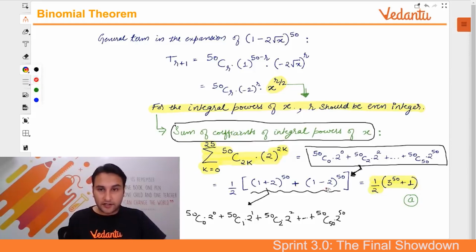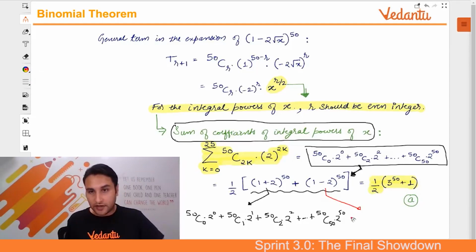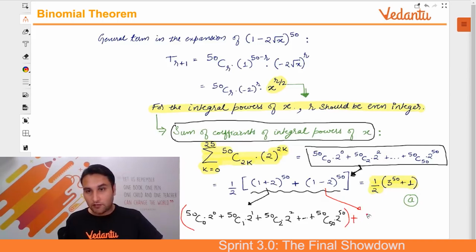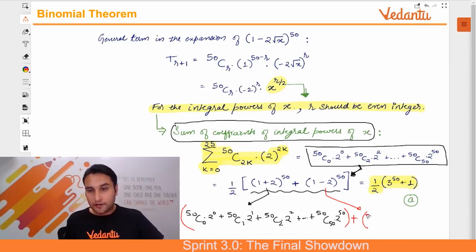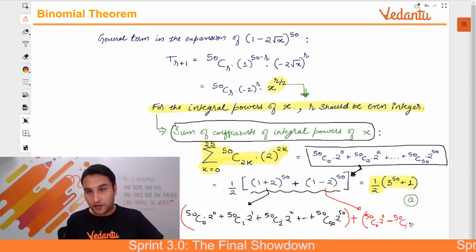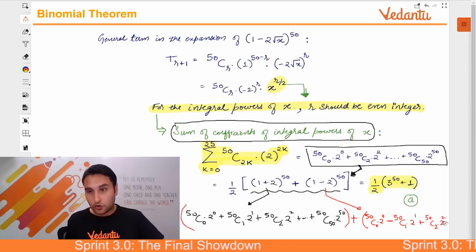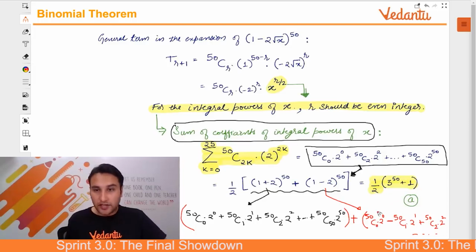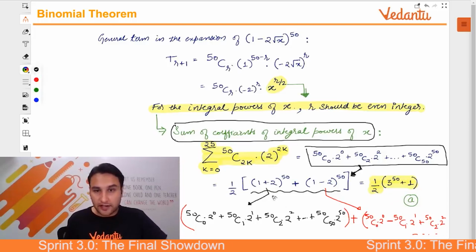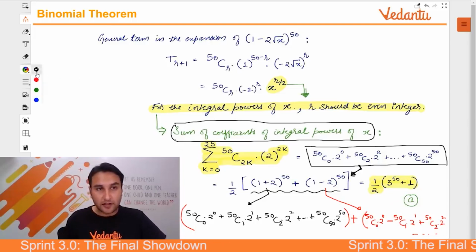Now let's look at this. What will come because of this red one? Plus what will come because of this red one? क्या आएगा? 50C0 2 raised power 0 minus 50C1 2 raised power 1 plus 50C2 2 raised power 2, then minus. Do you realize which terms will get cancelled out?